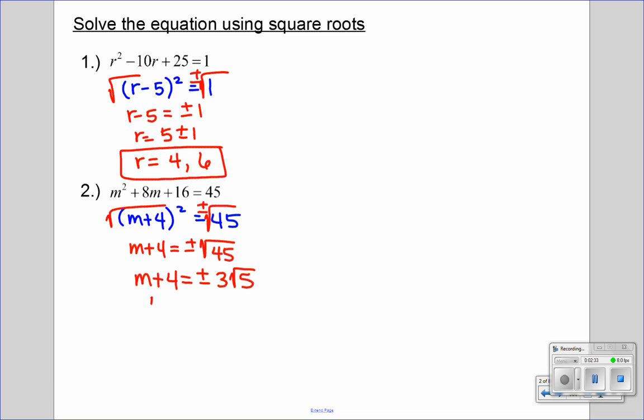Then we subtract the 4, so we have m equals negative 4 plus or minus 3 square roots of 5. And we have our answer. So being able to recognize that perfect square trinomial is key.